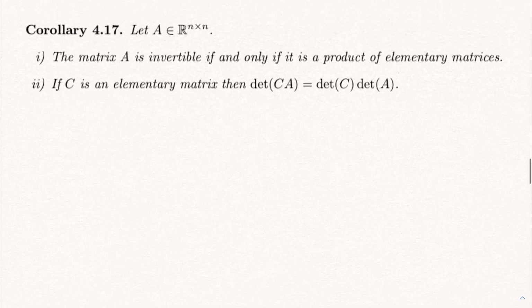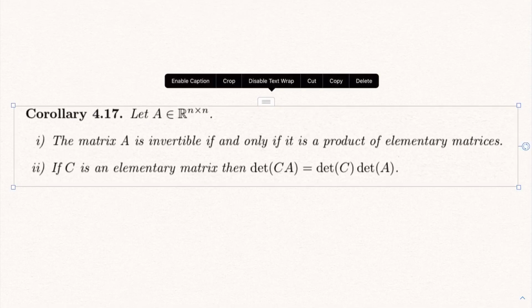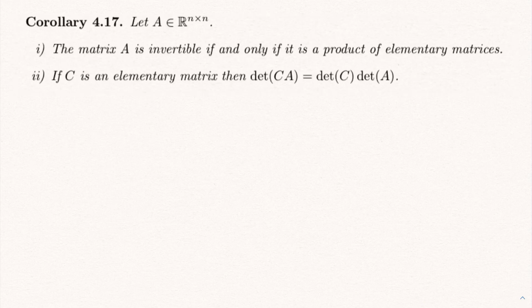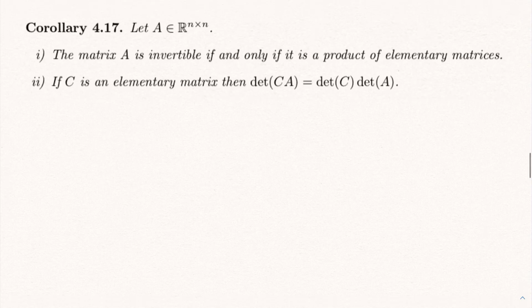And one consequence of this is this corollary. The first statement is: a matrix A is invertible if and only if it's a product of elementary matrices.